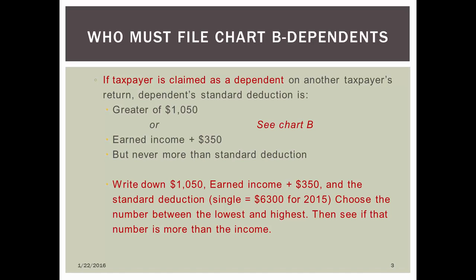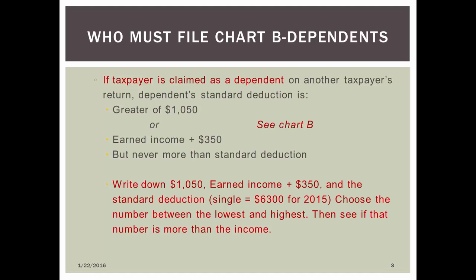Then you're going to put them in order from the lowest number to the highest number and circle the middle number. If they have more income than that middle number, they have to file a return. If they have less than that middle number, then they do not have to file a return.